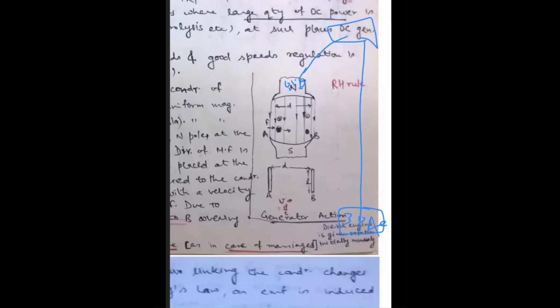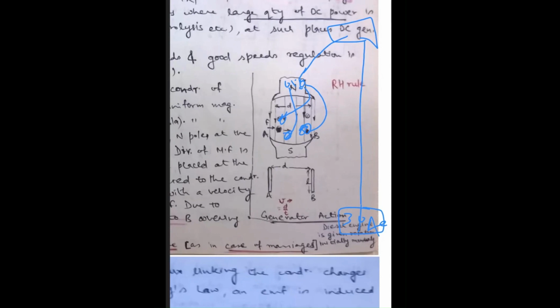Now these field coils, this is the armature, that is the rotor part, and it has armature slots, and in those slots the armature coil or copper winding is there. So now these field windings are connected to the armature windings. Okay, these can be connected in series or in parallel.